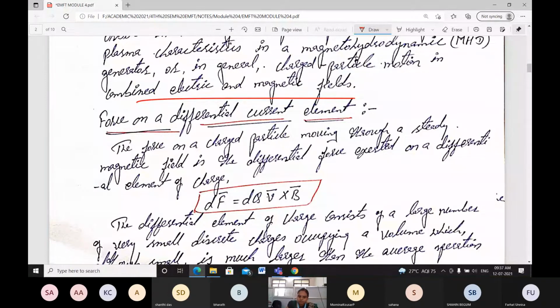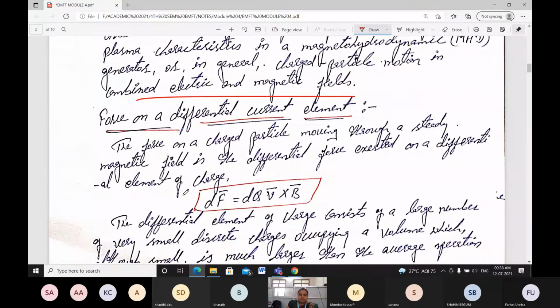The differential force is exerted on a differential element of charge. Differential means you go with the differentiation of the vector. Therefore dF equals d of Q V cross B. The same equation is differentiated so that we get the differential element.